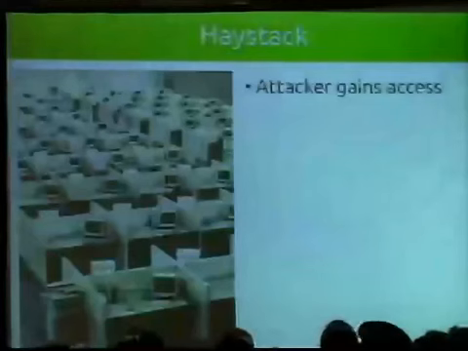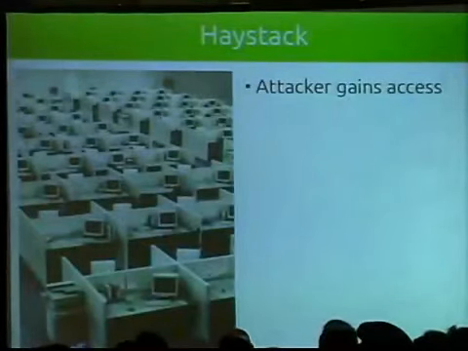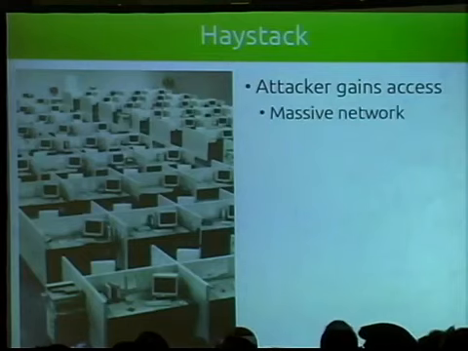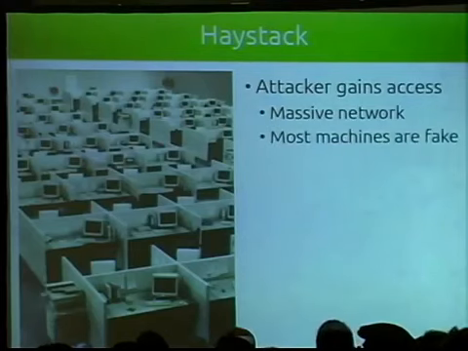Okay, so take a step back now and look at where we're at from the attacker's perspective. You're an attacker, you gain access to some network that's running this Nova system, and you see some massive network with thousands of machines on it in some crazy complex topology. Most of these machines are fake, but you don't know that.